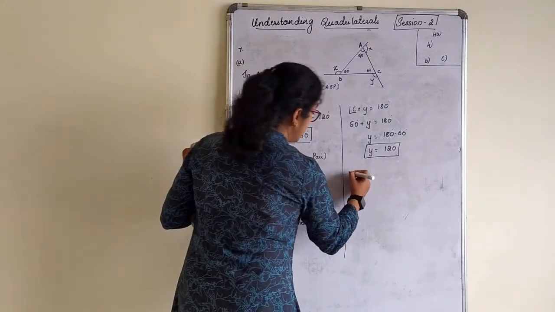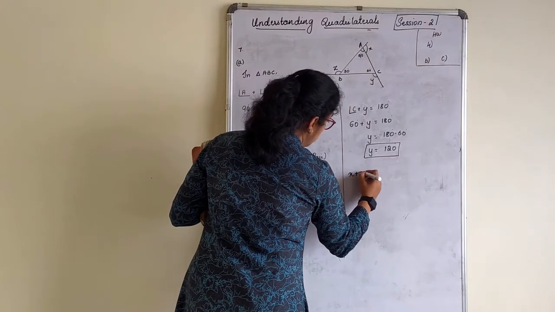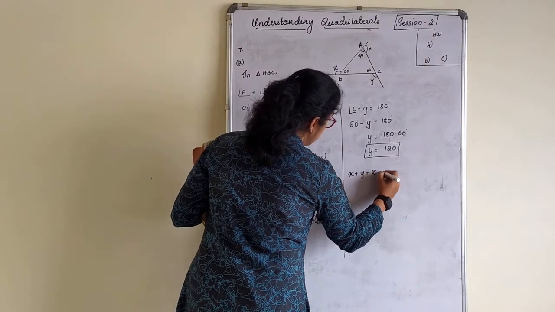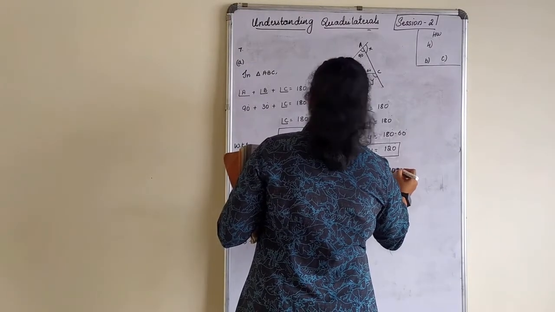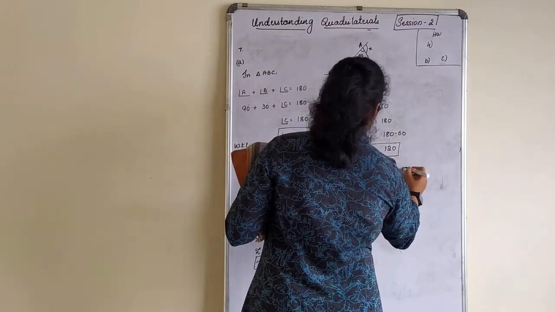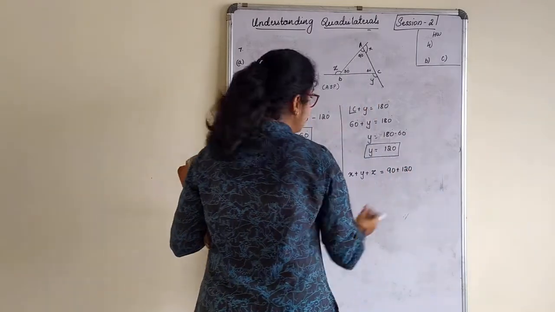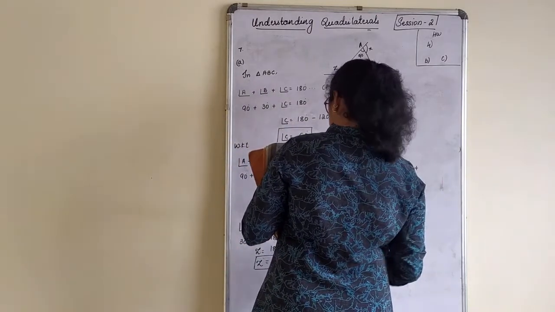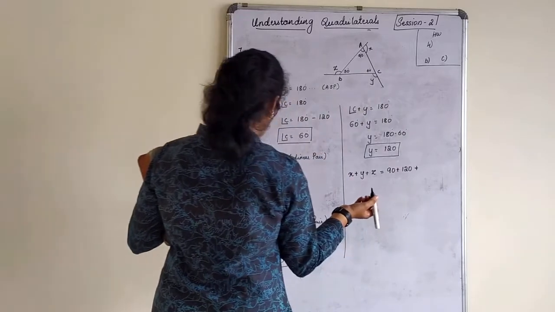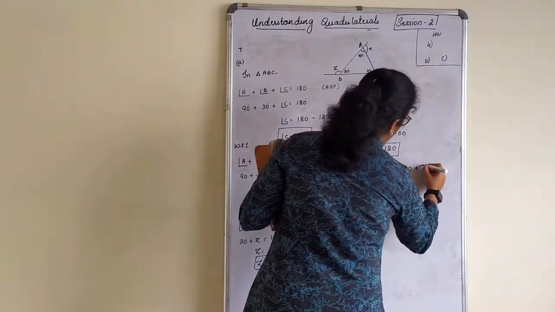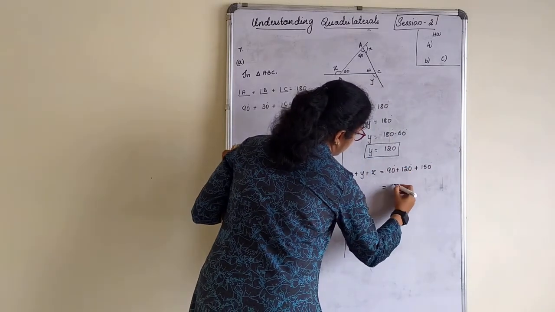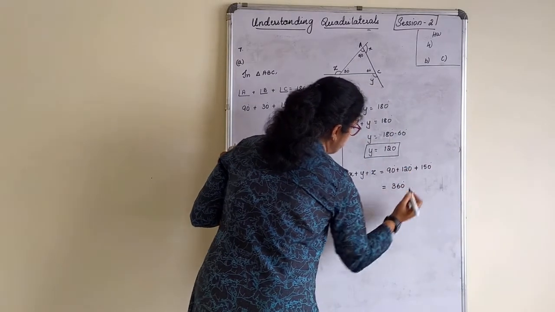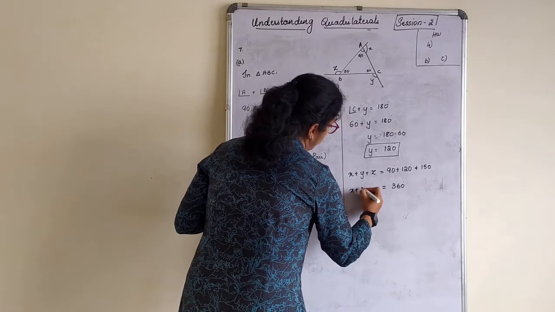What have they asked? The final thing: x plus y plus z is equal to, x is 90 plus y, that is 120, plus z, that is 150. How much do you get when you add this? You get 360. You have to get 360.